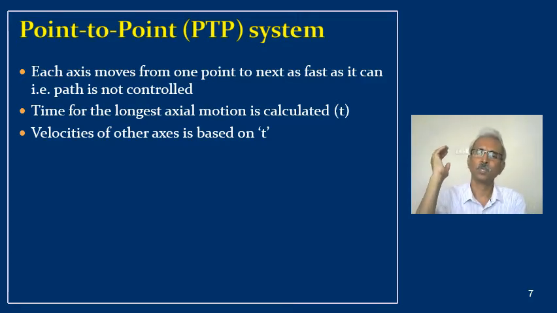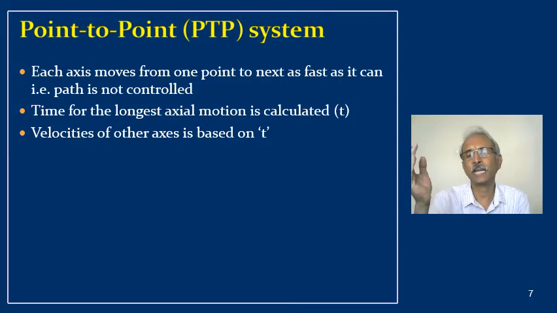See, let's assume I am rotating my forearm through 30 degrees, for which it takes 10 seconds, right? Whereas the upper arm, I am moving only through 10 degrees, and I am giving the same time of 10 seconds. So what does it mean? The velocity of this and the velocity of this are different.